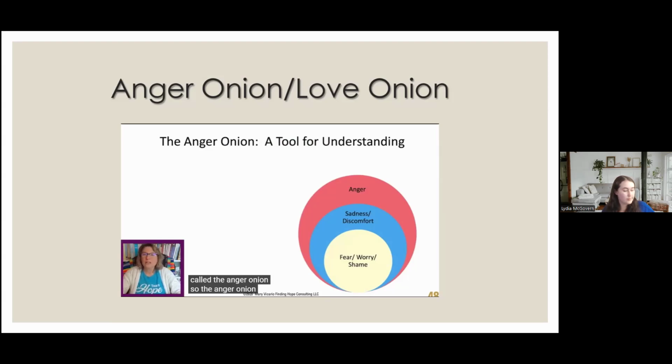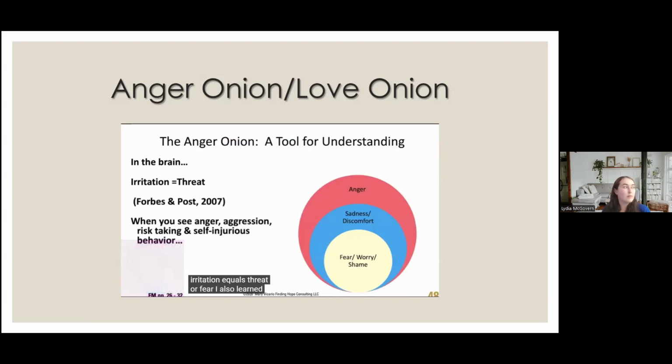So the anger onion is a tool that came to mind as I was working with many young people over the years, and I realized that underneath their anger, there was sadness. And underneath their sadness, there was fear. And as I learned more about neuroscience, I learned that yes, in fact, in the brain, irritation equals threat or fear.